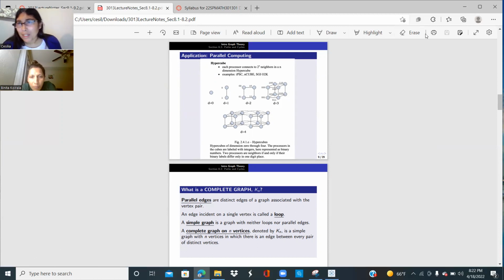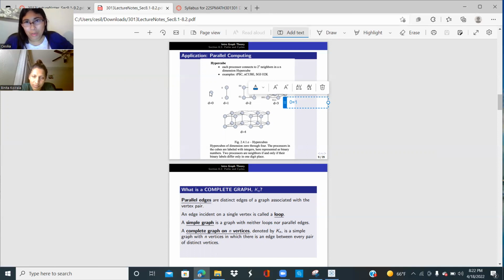Okay, so let me go ahead and add a text real quick. So with computers, you use binary code. Let's say that is 0, which equals 1, which is what we have here. And then when you have 0, 1, that equals 2. Or no, that's 1, 0.